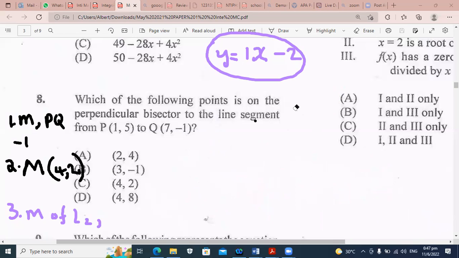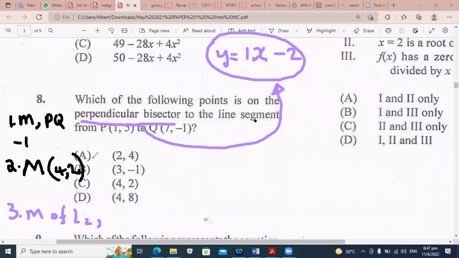What we're going to do is check, because this represents the equation of the perpendicular bisector, if point A, or one of those 4 points, lies on that line. Now to do that, this is what we do.